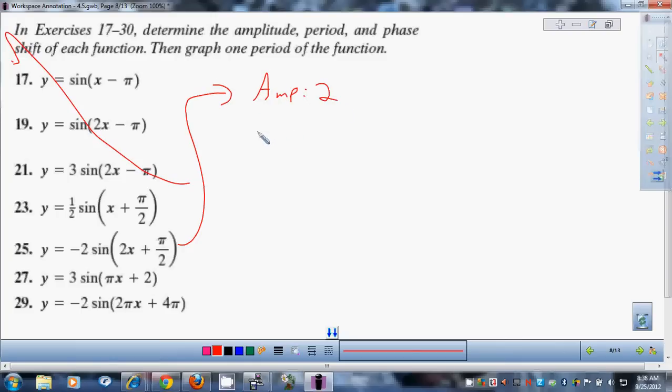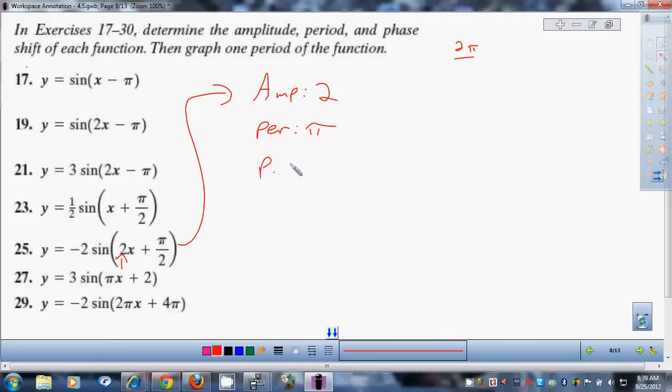What is my period on number 25? Or you could even tell me the formula to find period. That's 2 pi over b. So 2 pi divided by 2 is what? There you go, pi.